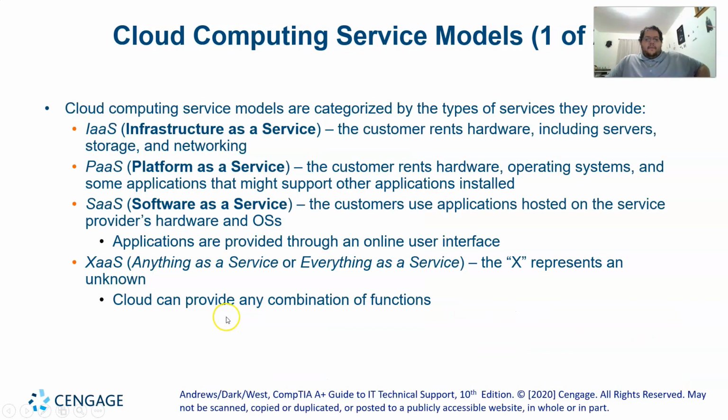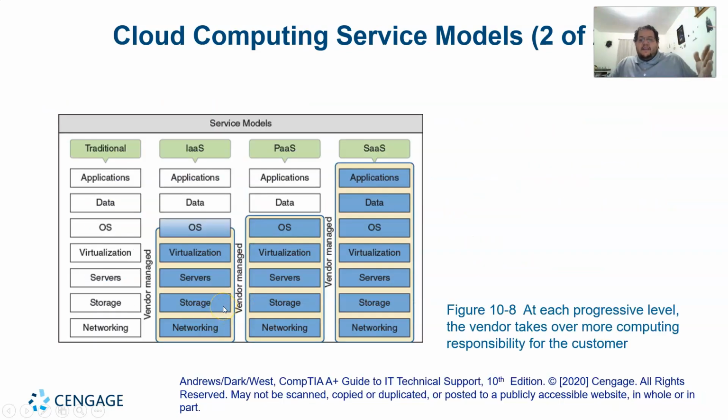Then with software as a service, everything is managed by the vendor, so I only access it, like Office 365. I just pay for the service. I don't have to maintain anything because Microsoft is supporting it. If we want to put faith in Microsoft, then maybe, but everybody is going over to Office 365.